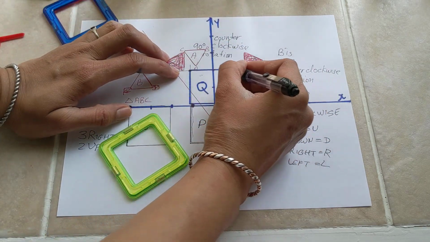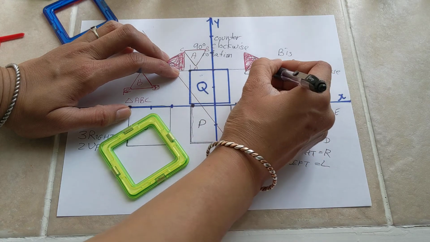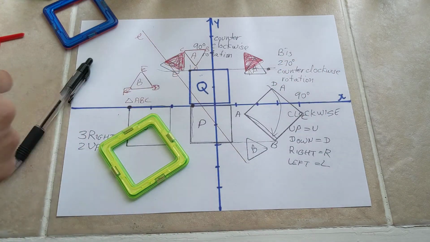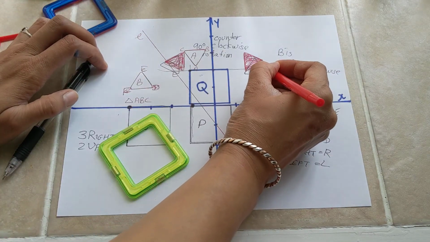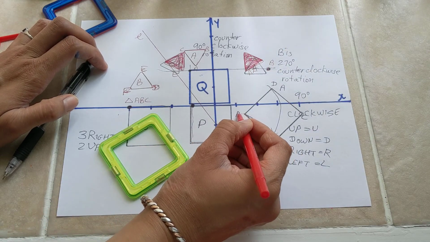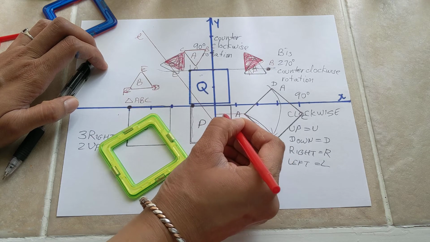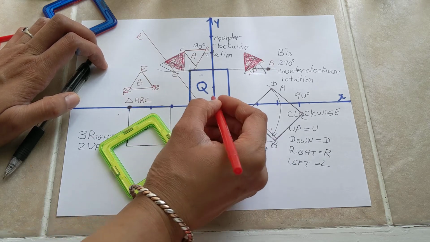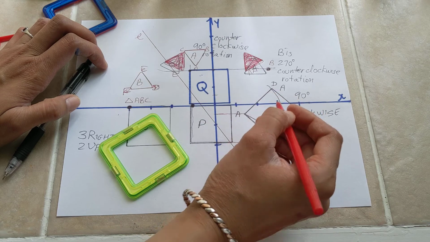So my B is going to end up kind of here. Now my A, if you eyeball it, is about half, so this will go halfway up.